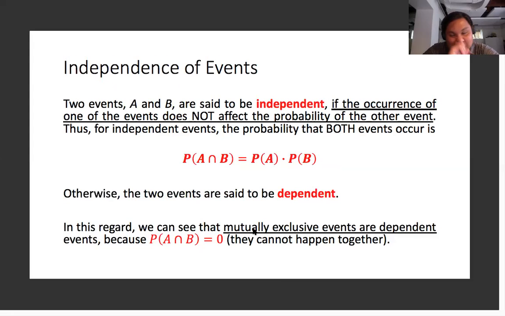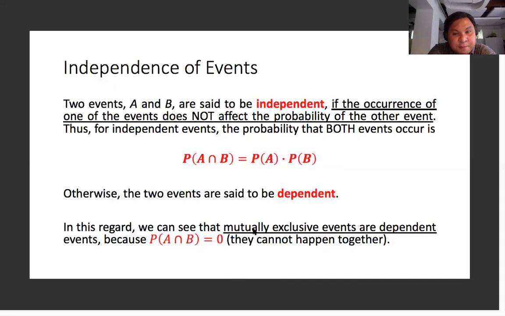The focus of our objectives is independence and dependence of events. Two events, A and B, are said to be independent if the occurrence of one of the events does not affect the probability of the other event.